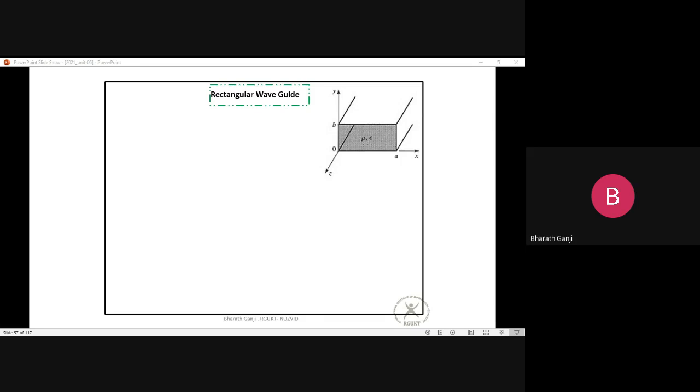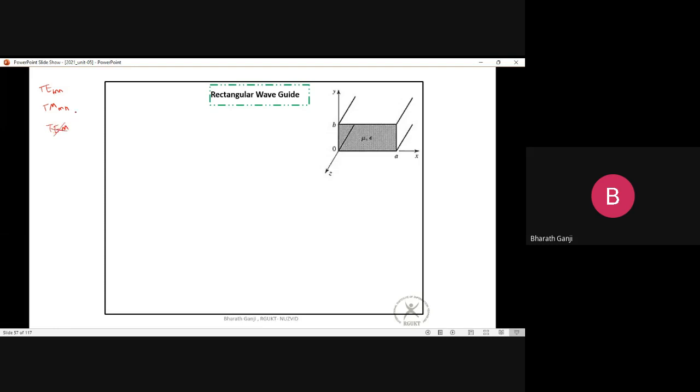Along with that, we saw that inside a rectangular waveguide a transverse electromagnetic wave cannot exist, and what the cutoff frequencies of transverse electric and transverse magnetic modes will be. These are the things we saw in the previous session.